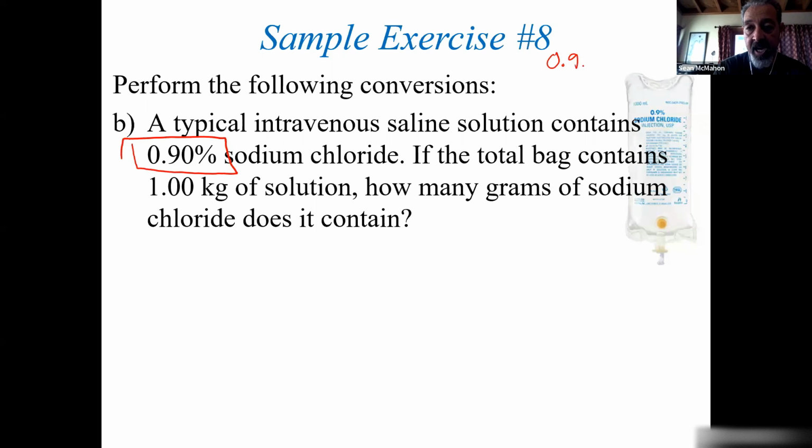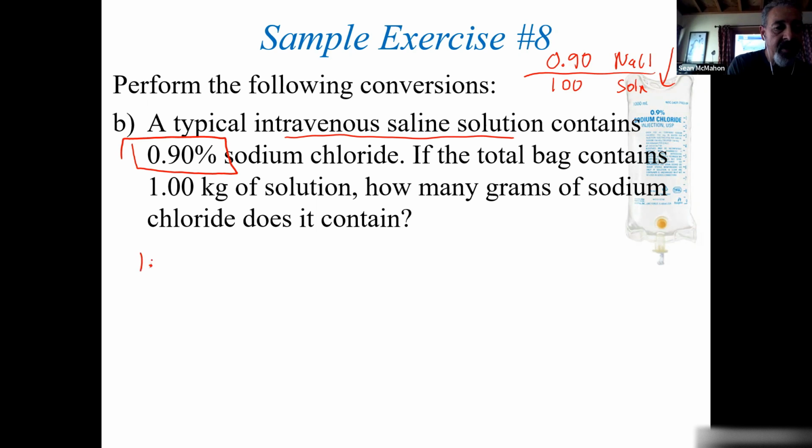There's 0.9 of something of sodium chloride per 100 intravenous solution. So I'll just put solution. That's why I got the picture of the IV bag. Okay. If the total bag contains, so what am I given? I'm given 1 kilogram of solution. And I want grams of sodium chloride.